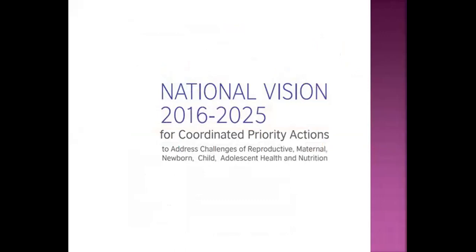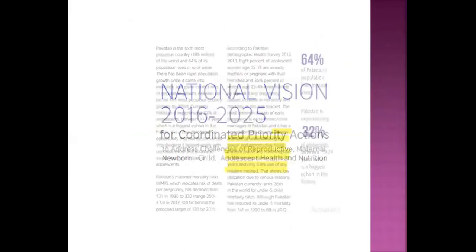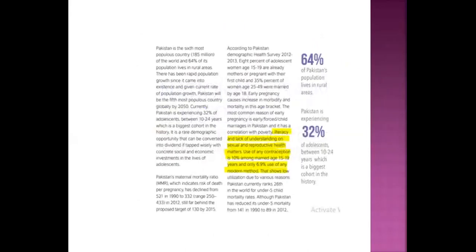The National Vision Action Plan is given for 2016 to 2025 for coordinated priority action, which addresses challenges of reproductive, maternal, newborn, child, adolescent health and nutrition. According to this, Pakistan is the sixth most populous country. 64% of the Pakistani population lives in rural areas and 32% are adolescents between 10 and 24 years of age.